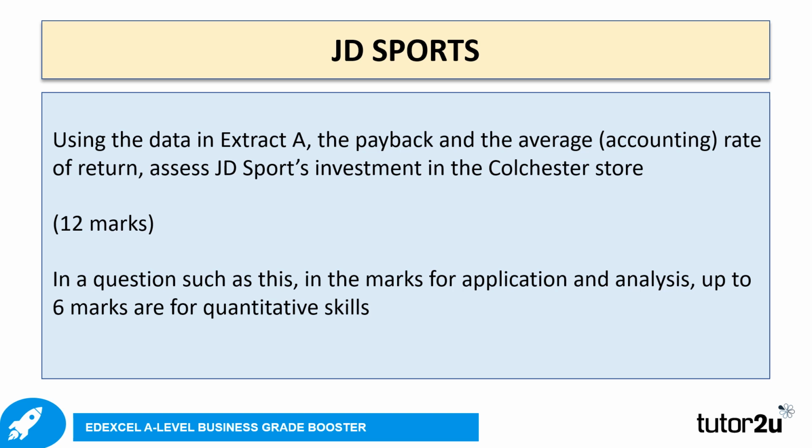So what you need to be doing in a question such as this is calculating payback, calculating the average accounting rate of return, and using those results with whatever information you can draw from the remainder of Extract A to support your arguments. So it is really important that not only do you perform the calculations, but you use them in the body of your response.